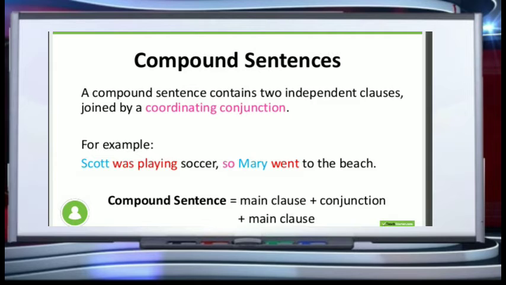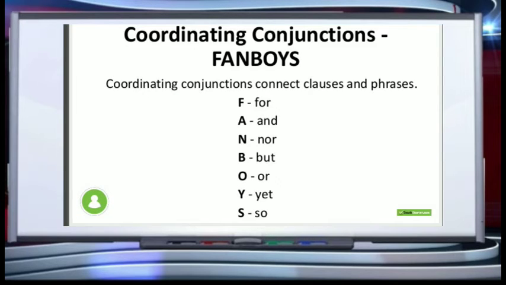It has two subjects and two finite verbs, that is, two main clauses joined with a coordinating conjunction. Now, the easiest way of identifying the coordinating conjunctions or remembering the list of coordinating conjunctions is with the word FANBOYS.